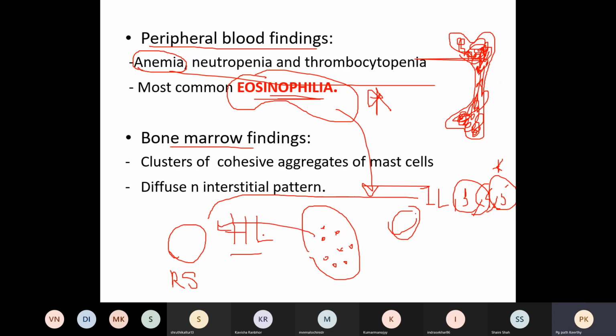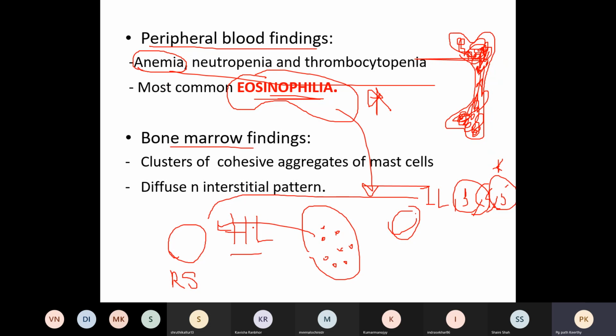So in Hodgkin's lymphoma, it's very tough to see the RS cells. We have to search for RS cells like anything because the background is filled up with eosinophils, neutrophils, and lymphocytes. That's why when you describe Hodgkin's lymphoma, you start with 'polymorphous population of cells is seen'.